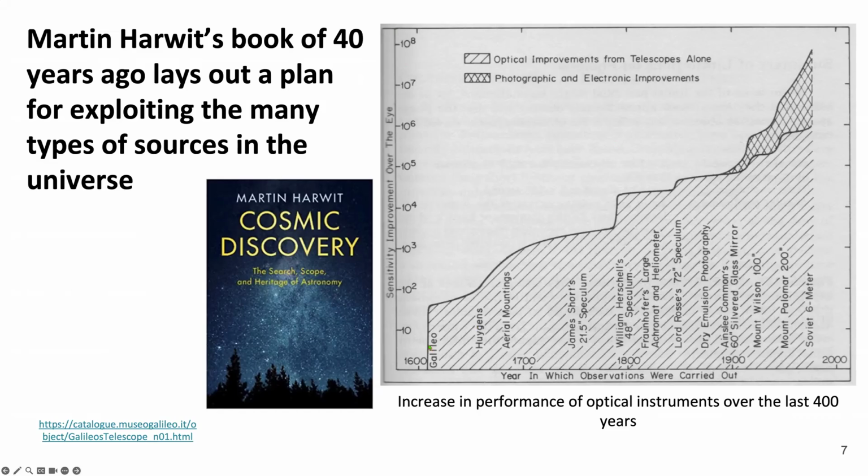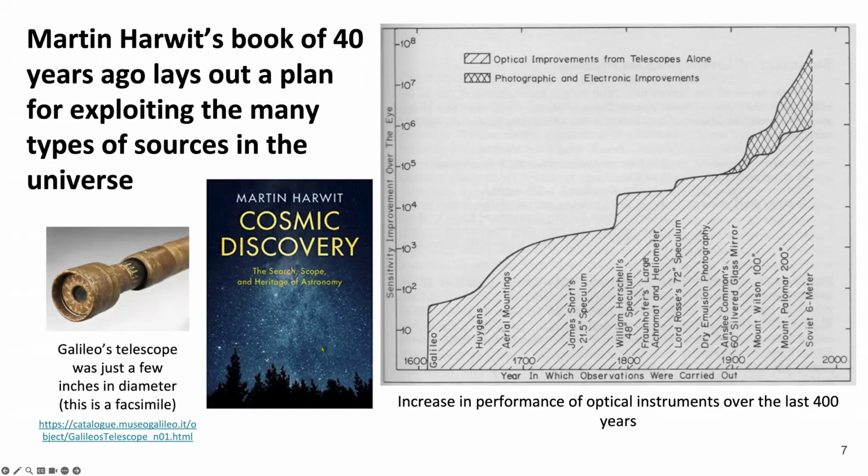Of course, in the early days, it was all artisan work, making small telescopes. I'll show you a picture right there. This is a reproduction of Galileo's very small but very influential telescope. It used lenses that he produced. This is a facsimile you can find in Florence, Italy, in the Museum of Science.